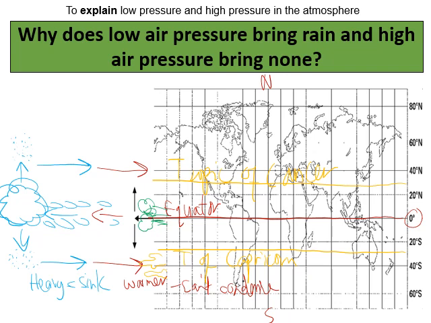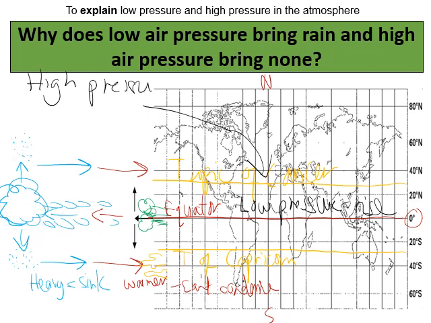Okay, so just to recap, on the equator we have very low pressure. So low pressure is when the air is very light, so it rises. So low pressure, it rises. And along the Tropic of Cancer and the Tropic of Capricorn, we have very high pressure. So at high pressure, the air sinks.